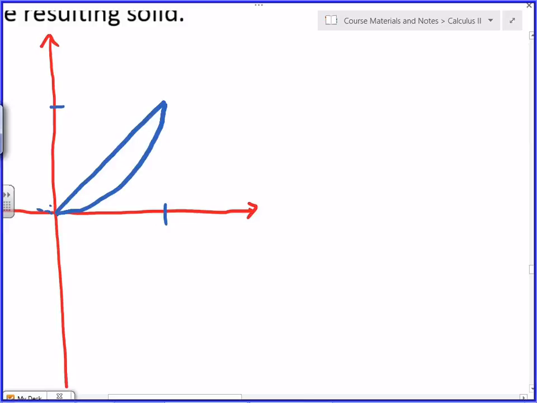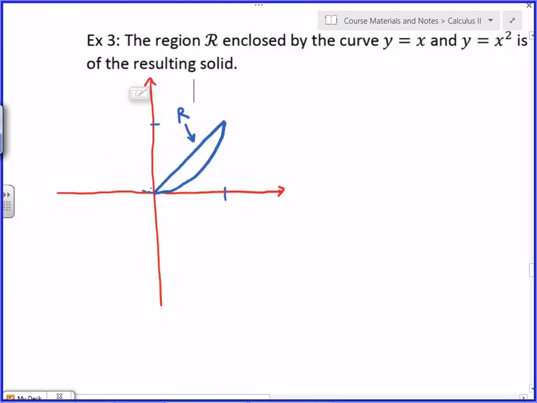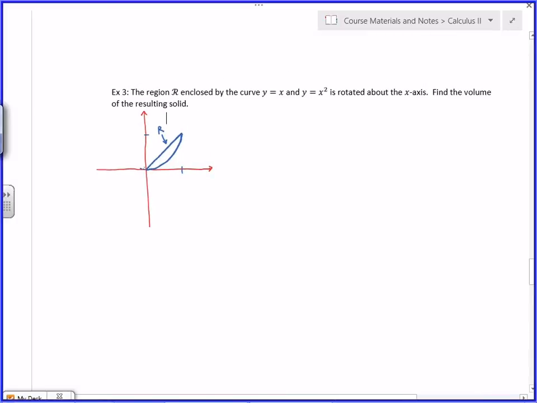Now in the first example, example 3, what am I going to revolve this thing around? All right, so I'm going to be going right this way. Whenever you revolve around the x-axis, you basically draw a mirror image of that curve on the other side.